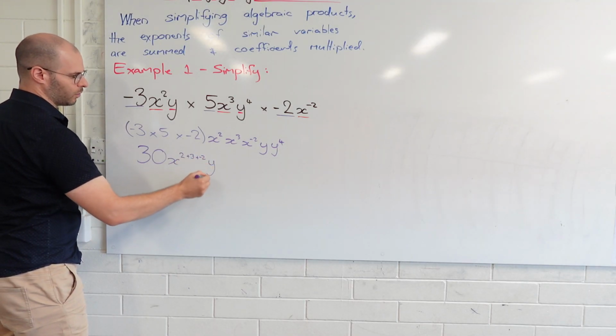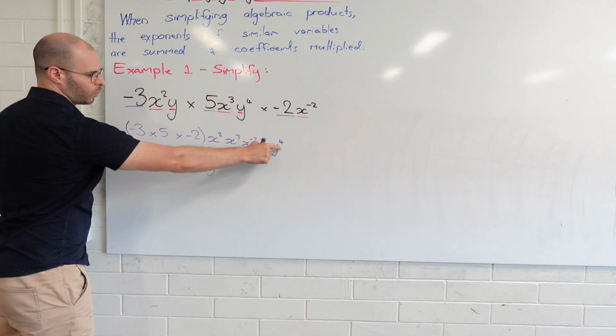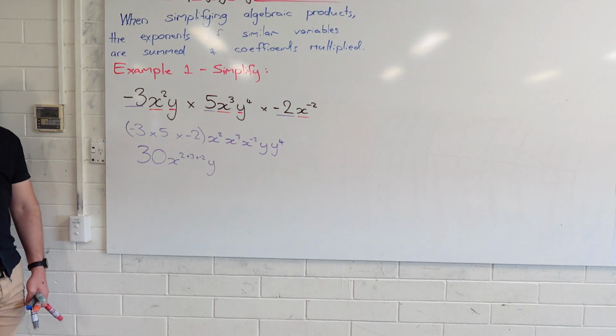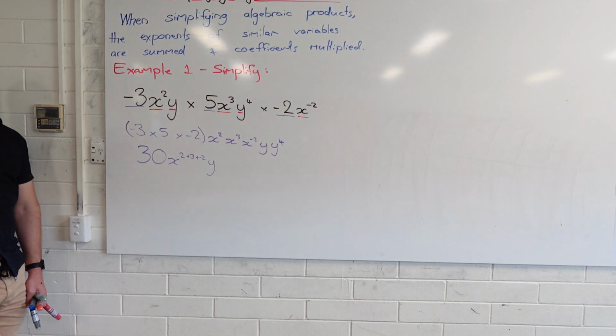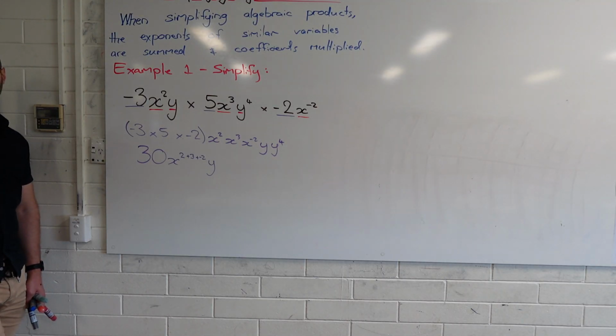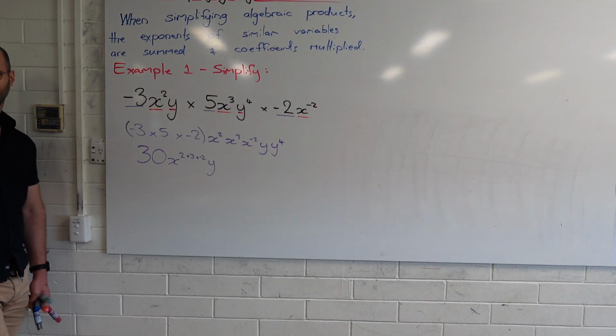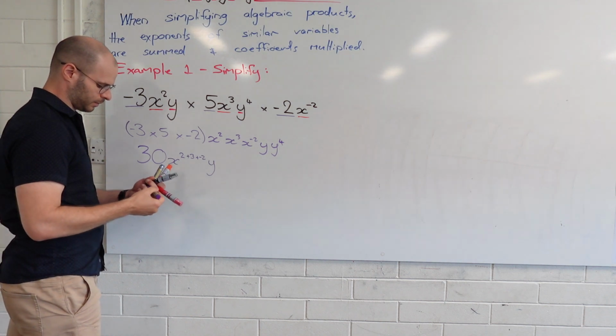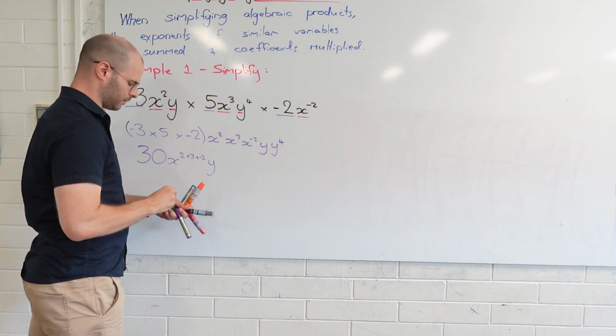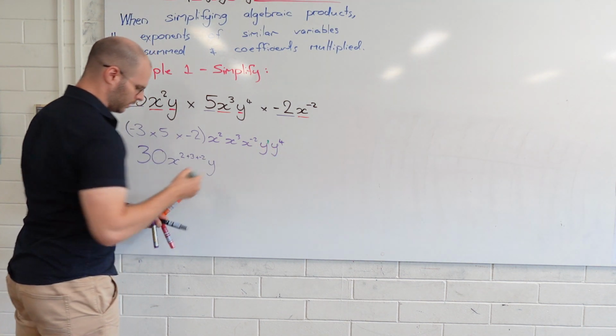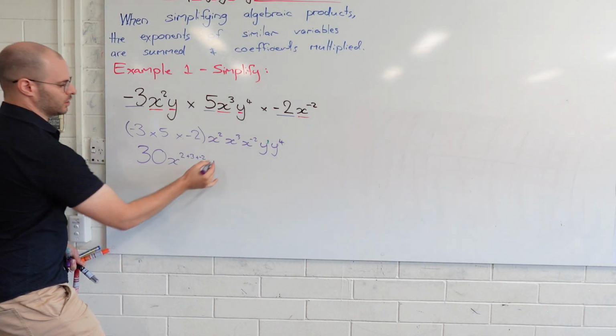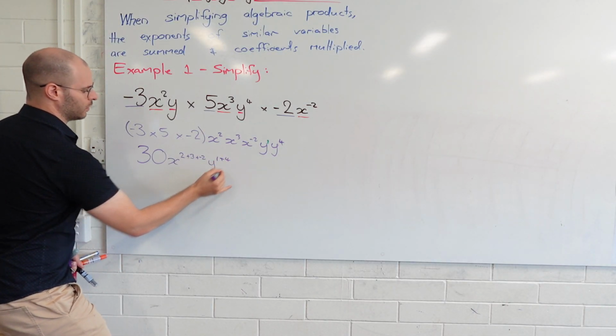And then we go for the y. We have a single y and a 4. Now, if there is no exponent on a variable, does anyone know what exponent's actually there? 1. Number 1. So all we need to do is go 1 plus 4.